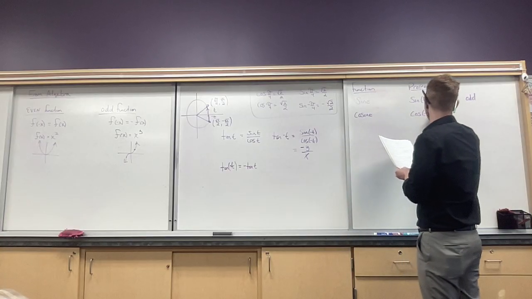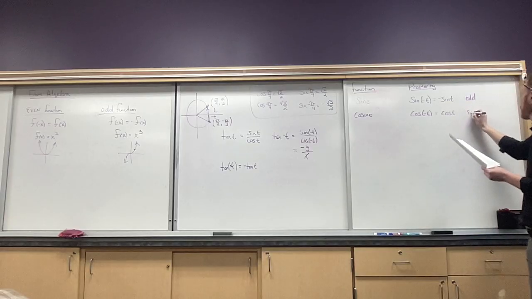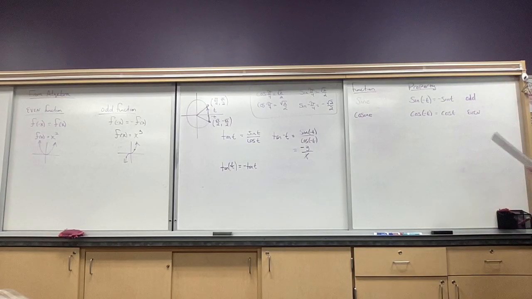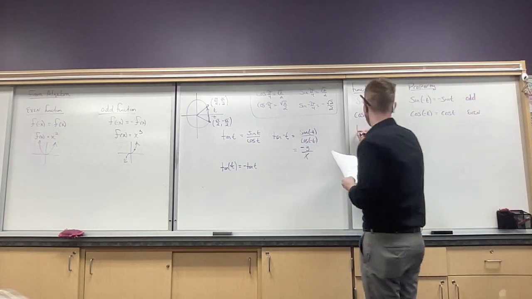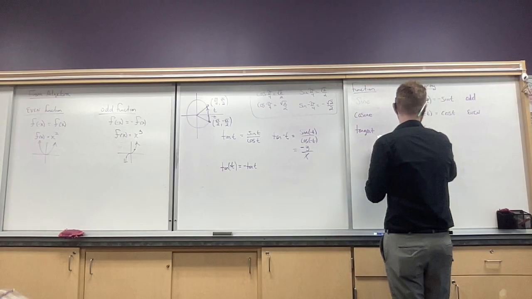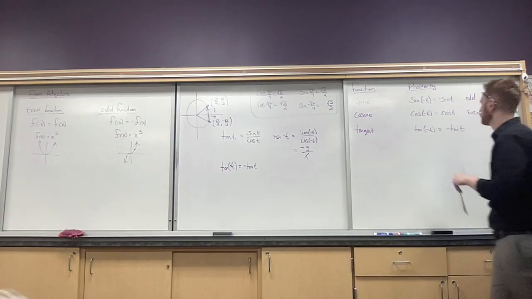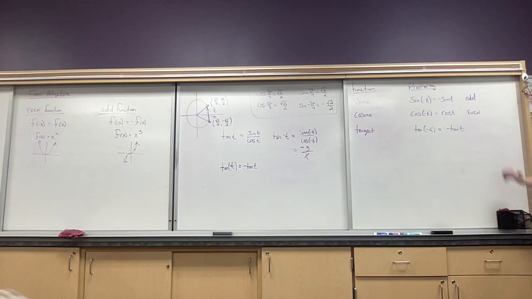If the angle for cosine's negative, well, the output's still going to be positive. So that's an even function. So far, so good? All right, let's keep going. Tangent. We just did that over there. If tangent of an angle is negative, well, the output's going to be negative as well. So that's going to be an odd function.